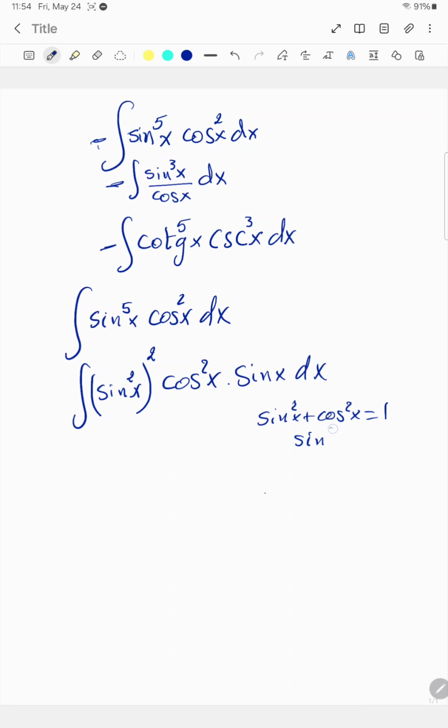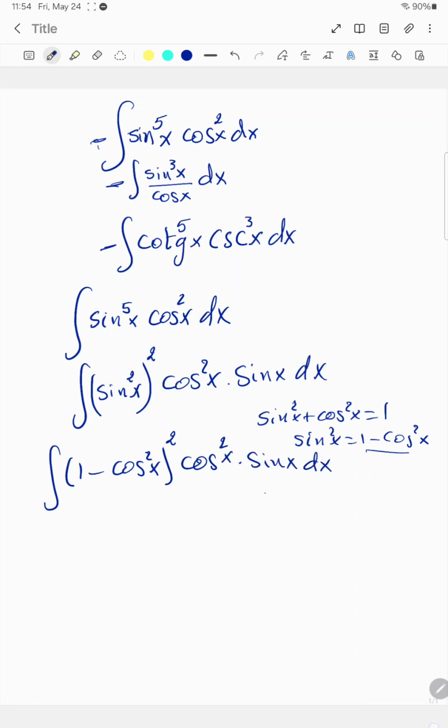So sine square of x is equal to 1 minus cosine square of x. So let's replace sine square of x by 1 minus cosine square of x: the integral of (1 minus cosine square of x) squared times cosine square of x times sine x dx.